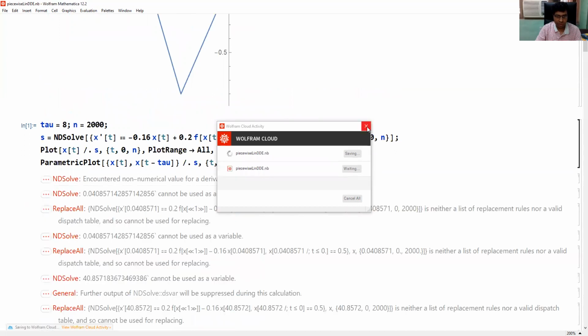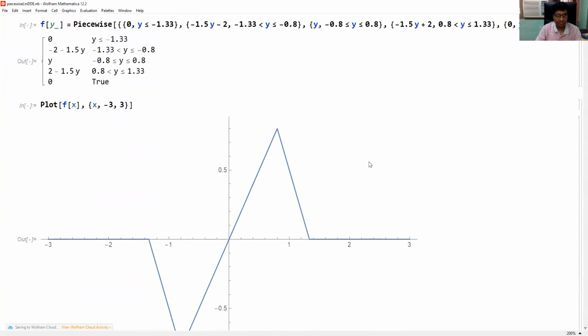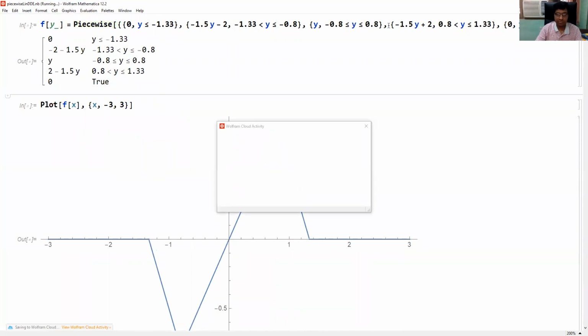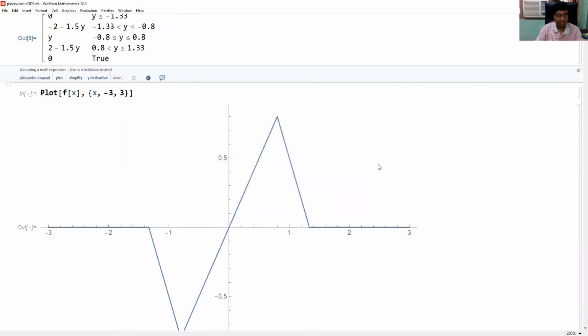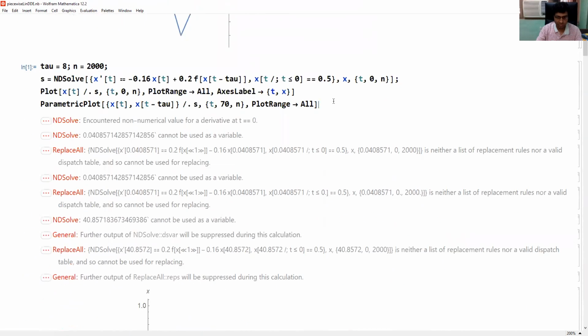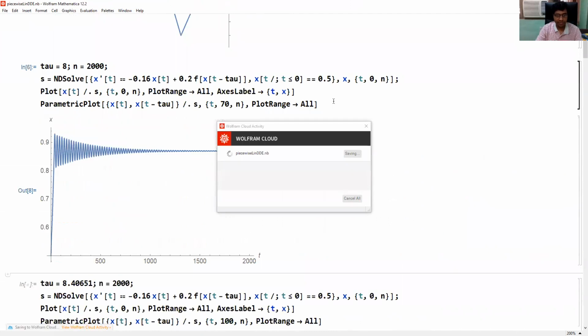Yeah, actually I need to run the function first. It is taking time in cloud. Now hopefully we will get the required thing.